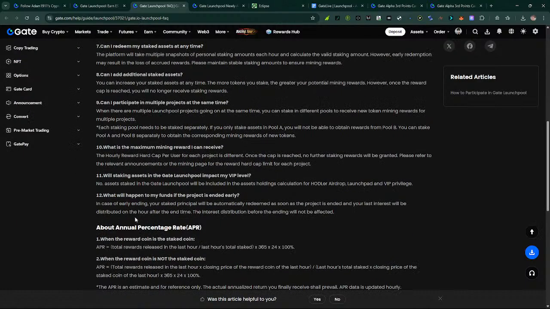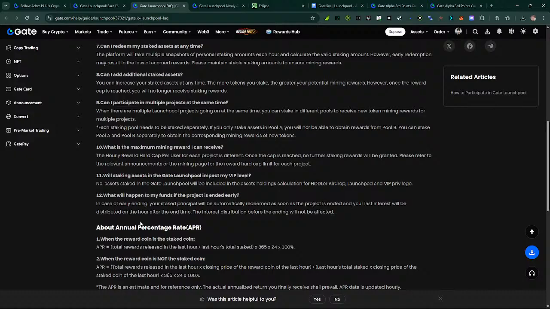And what will happen to my funds if the project is ended early? In case of early ending, your staked principal will be automatically redeemed as soon as the project ends, and your last interest will be distributed on the hour after the end time. The interest distribution before the ending will not be affected.